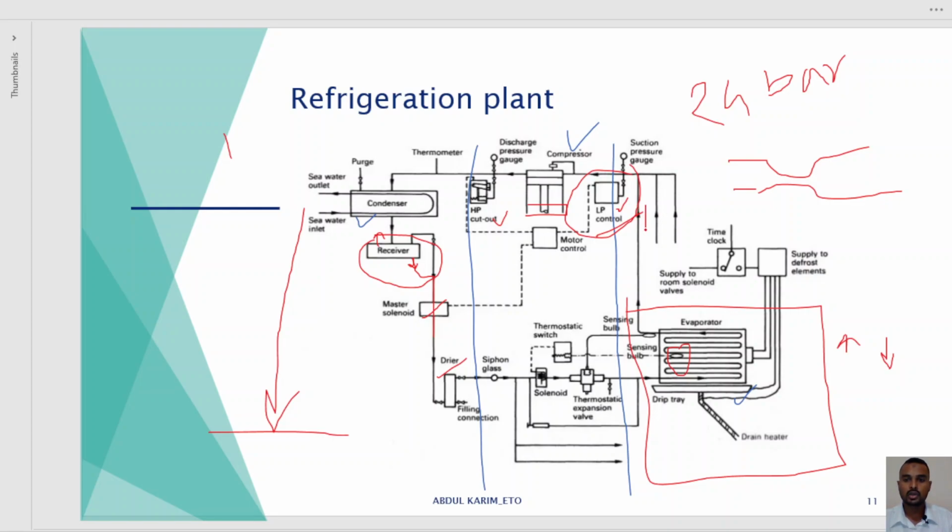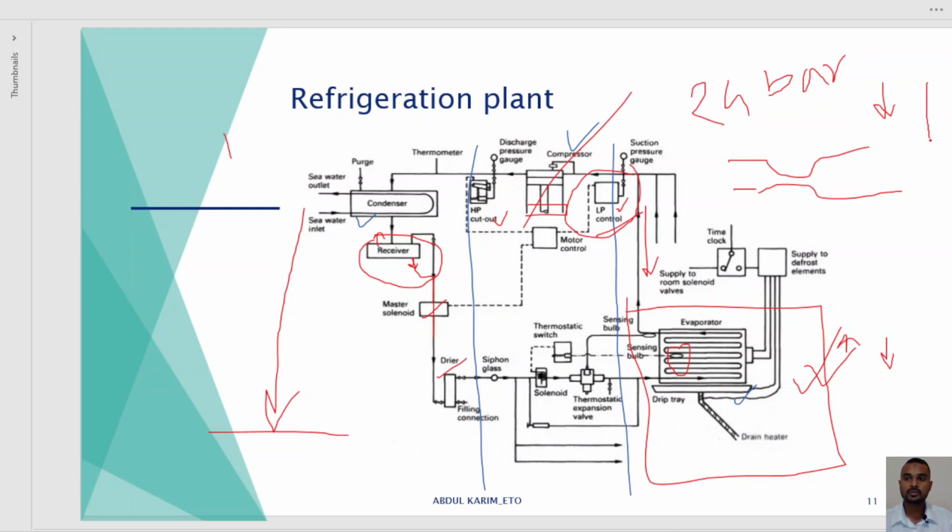This low pressure controller continuously assesses the condition of the suction line which comes from the evaporator. When the suction line pressure is lower, that means the evaporator is cooling down. As the evaporator is cooling down, that means our room or enclosed region is properly cooled. Then it cuts off the compressor.